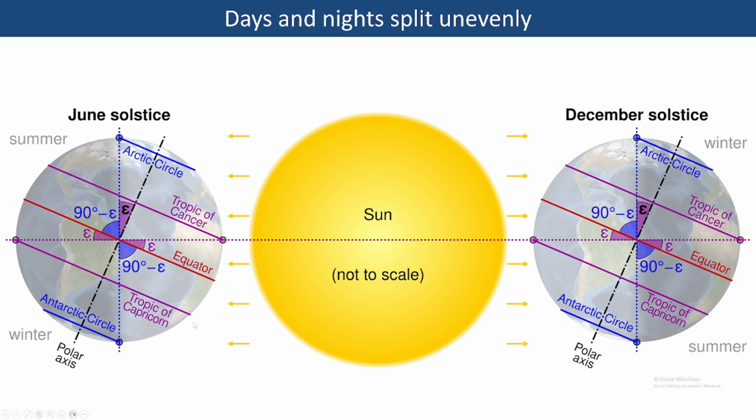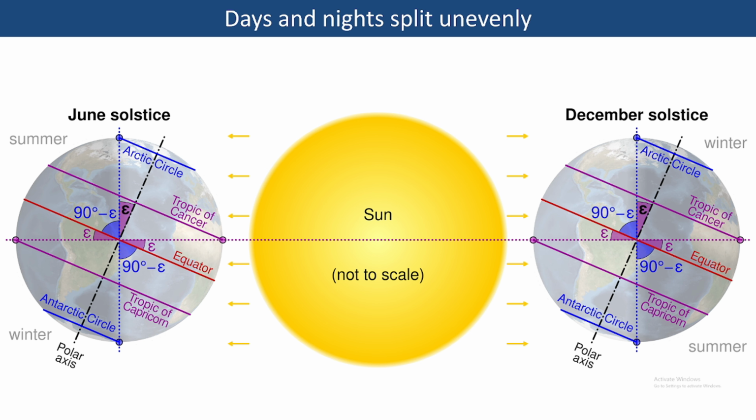You have shorter days but longer nights. Okay? And the entire situation is opposite when it comes to the December solstice, right? Which is winter for the northern hemisphere and summer for the southern hemisphere. Alright, so this already answers the first question. Do day and night split evenly? The answer is no, they do not.